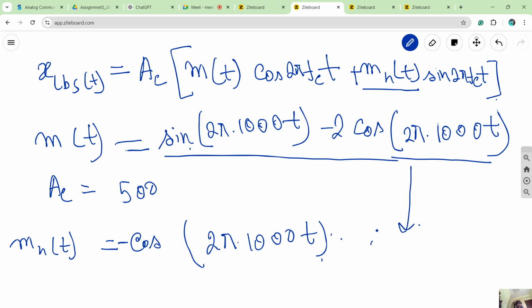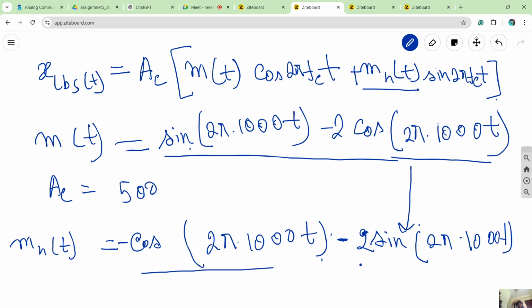From here we get sine 2 pi 1000t with the term 2 in front, and this is also a negative term. This is m_h(t).